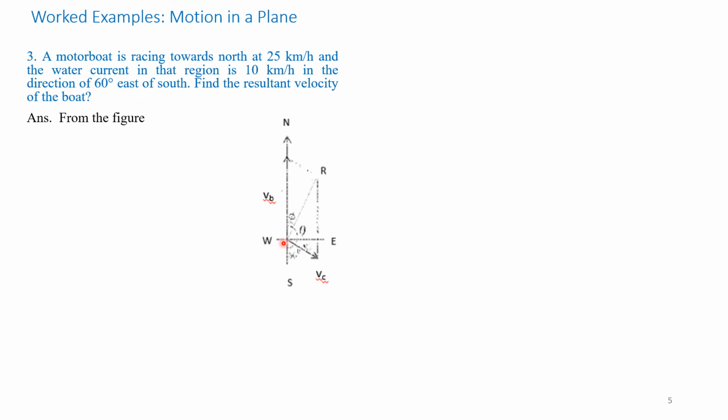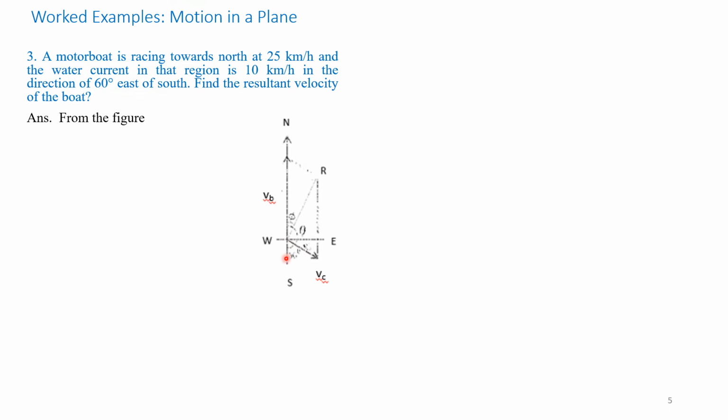First, in all such cases, we have to mark the directions north, south, east, west as shown in the figure. Here, Vb is the speed or velocity of the boat, which is moving towards north as given in the question. Similarly, the water current is at an angle of 60 degrees east of south.